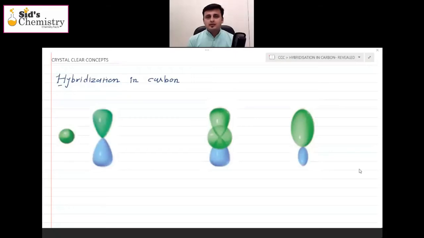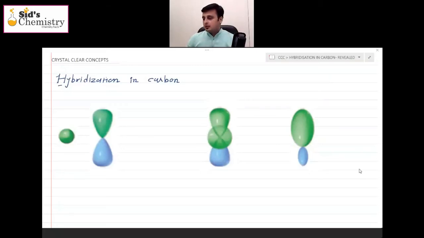As we know, carbon has two kinds of orbitals in its outer shell, that is 2s and 2p orbitals. The s orbital has a single globular structure and the p orbital has three dumbbell shaped structures. Now we need to understand first of all what exactly happens when s is combined with p orbital.